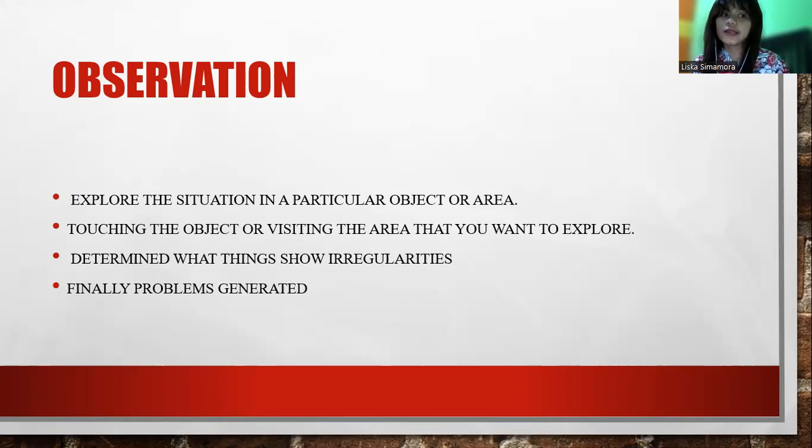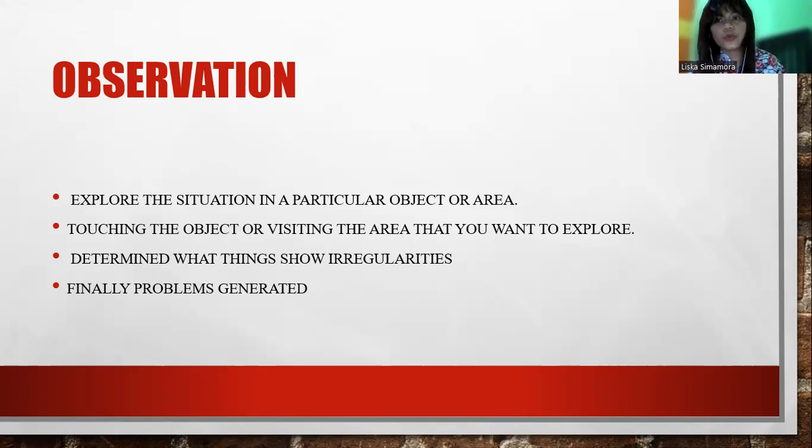And the second one is we also can explore the situation in a particular area. Let's say if we want to go to some areas, some places, because in agribusiness major, we used to go to rural places where the society there do farming activity.